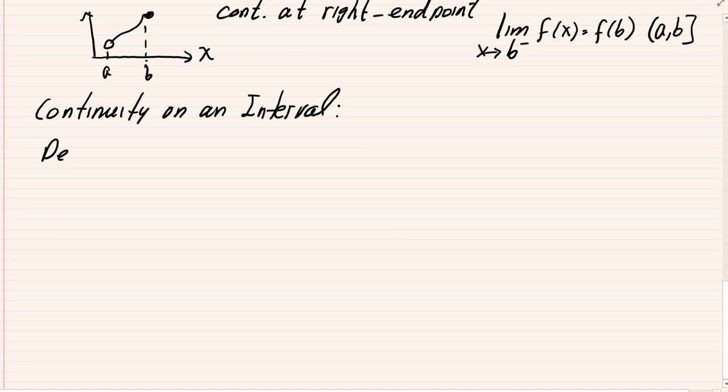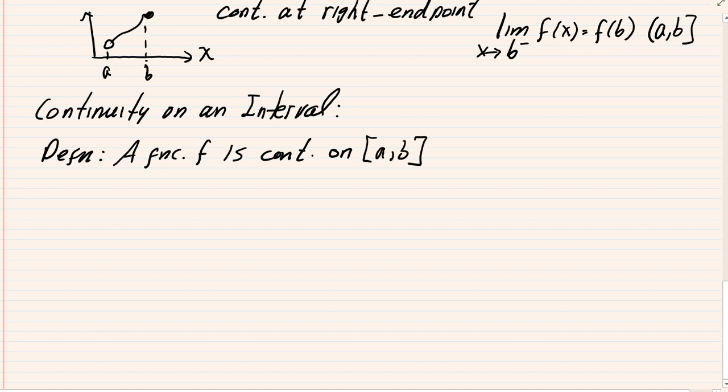So here's our definition. Our definition is going to say that a function f is continuous on a closed interval from a to b. Notice we are not at a single point now.